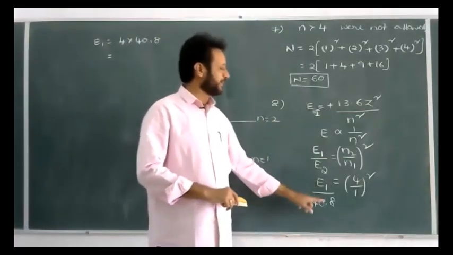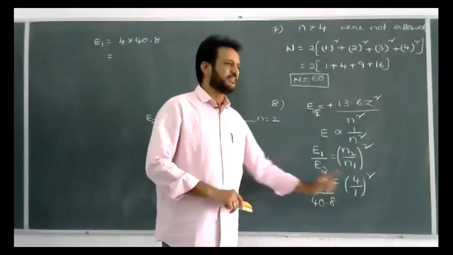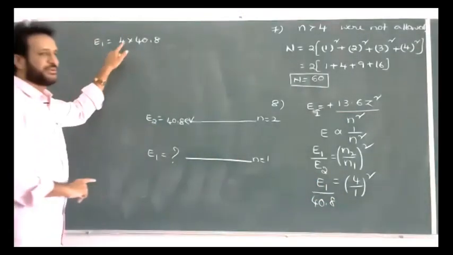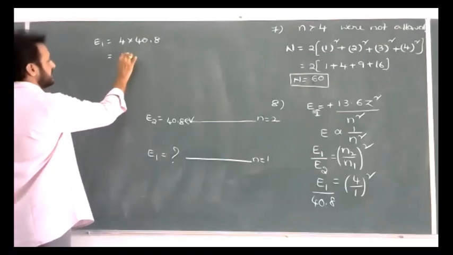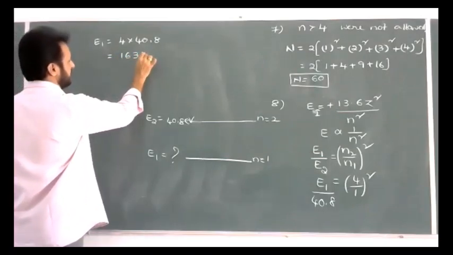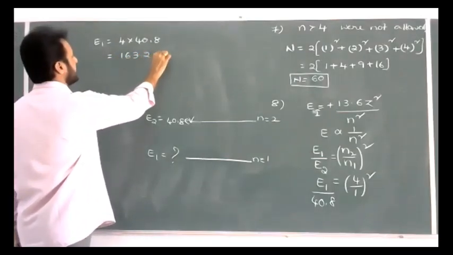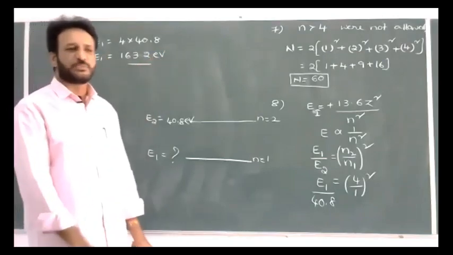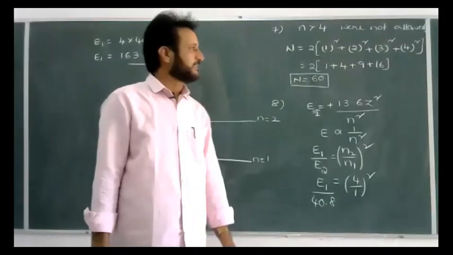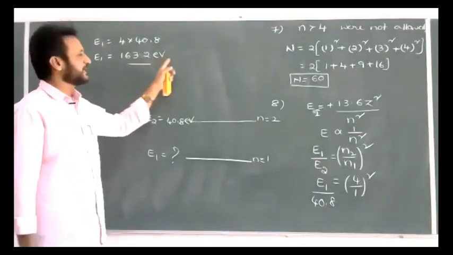So E1 by 40.8 is equal to 4 by 1, that is equal to 4 into 40.8, which is 163.2 electron volt. So correct that option. The answer, 163.2 electron volt, is required.